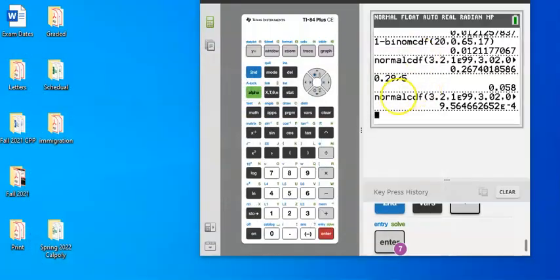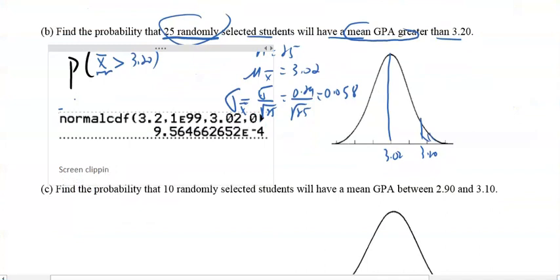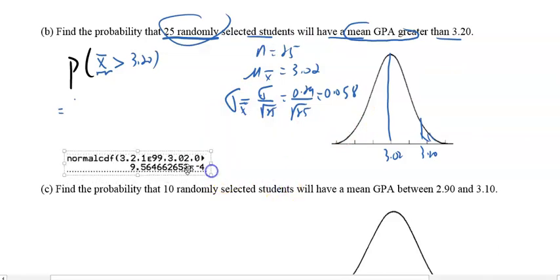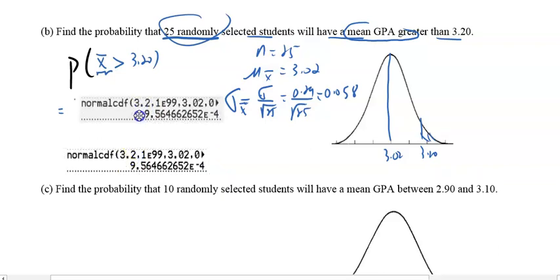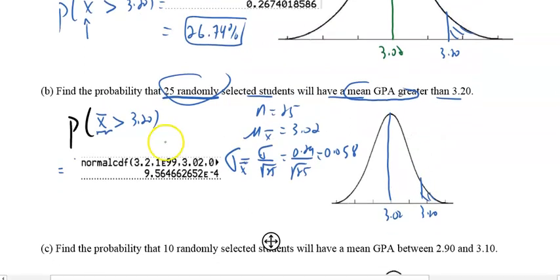And if I figure out what this is, the chances that the average of the 25 is bigger than 3.2. So for one student, we found there's a 26.7% chance of that happening.